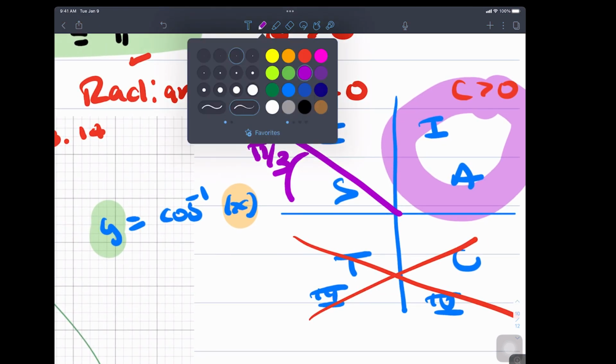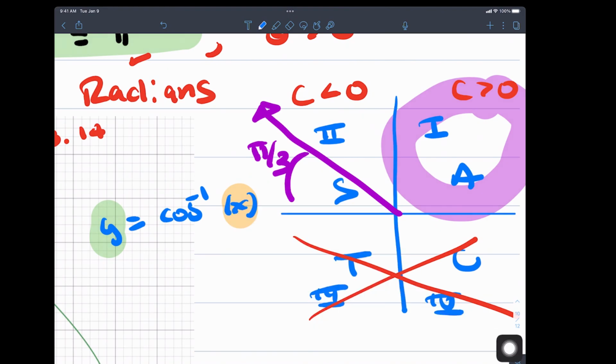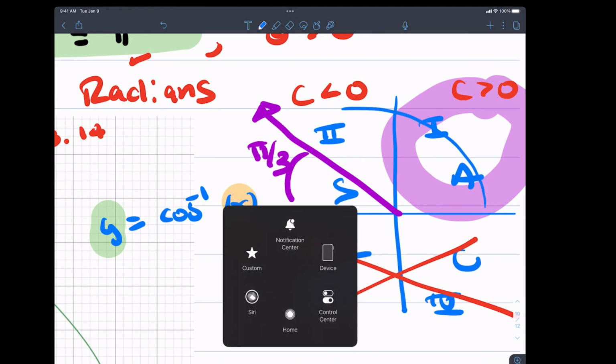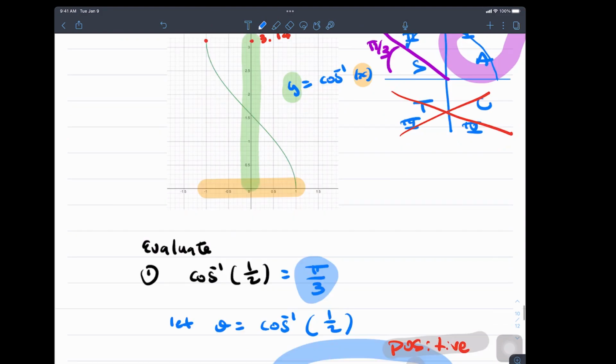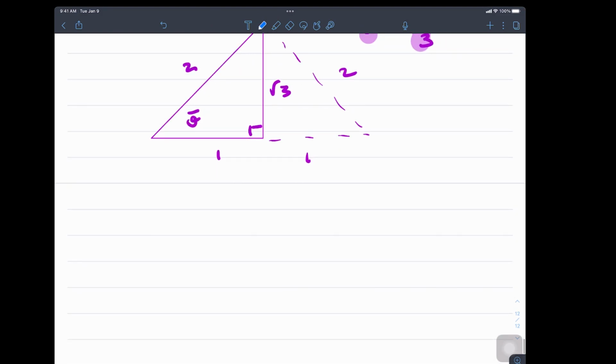You say, well, what's the answer? The answer is this angle over here. Okay. This is the theta, right? It's a quadrant 2 angle. So how do we get that? Isn't that pi minus the reference? So for quadrant 2, it's pi minus the reference. Here we go.